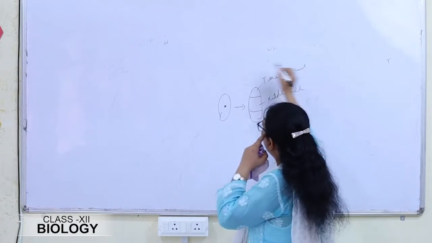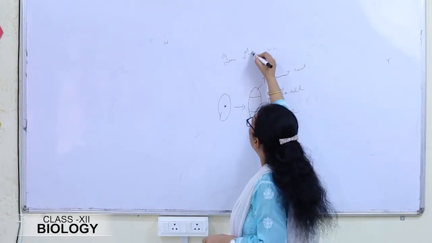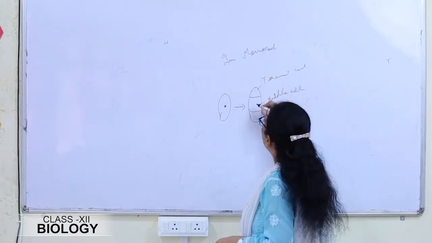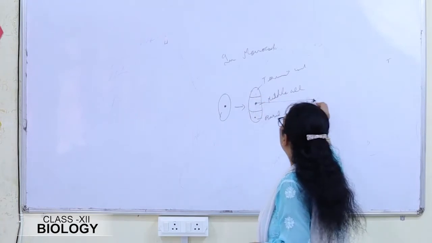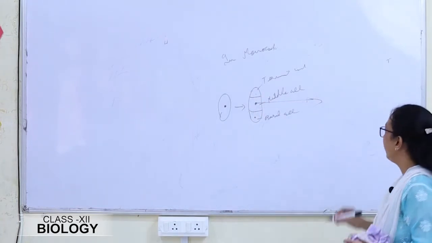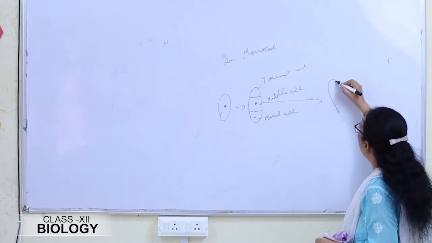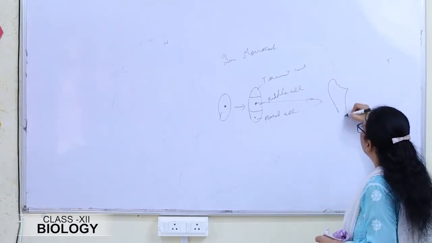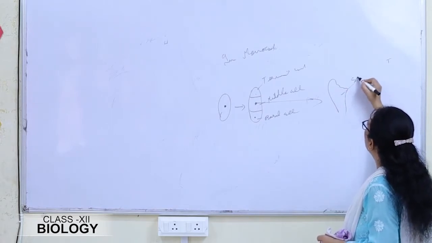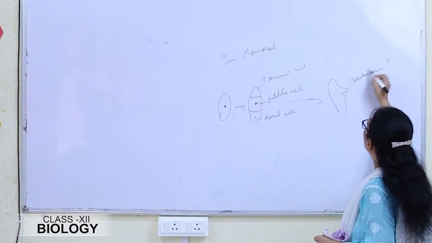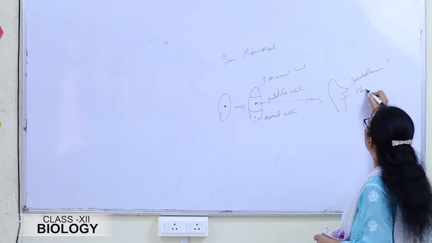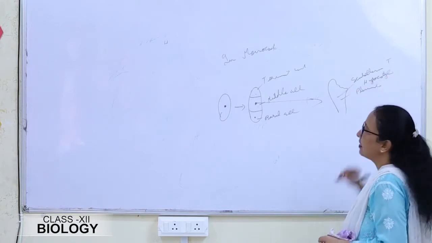In monocots, it is very simple. It is the middle cell which will take part in the division, and in monocot this middle cell is forming the scutellum, plumule, hypocotyl, and it is a single cotyledon.